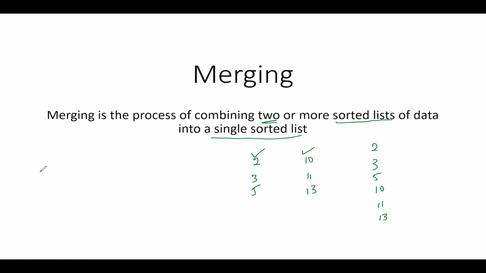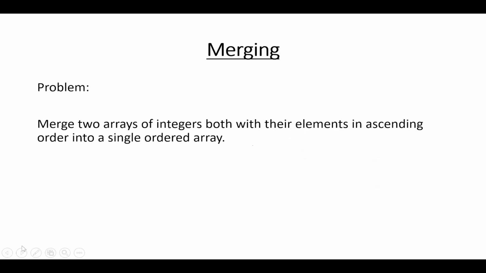So what is the logic behind this? In order to perform a merging of two lists is what we are going to learn today. Let us see the problem statement first. The problem statement tells us to merge two arrays of integers, both with their elements in ascending order, into a single ordered array. Here we have used the term lists sometimes and arrays at other times, but you should understand that merging is nothing but combining two or more collections of elements.